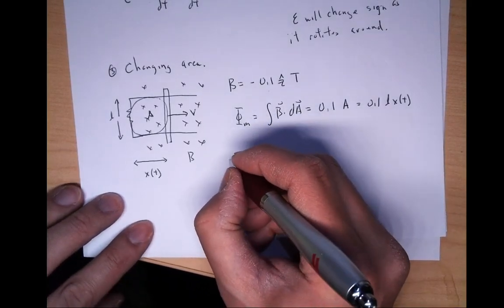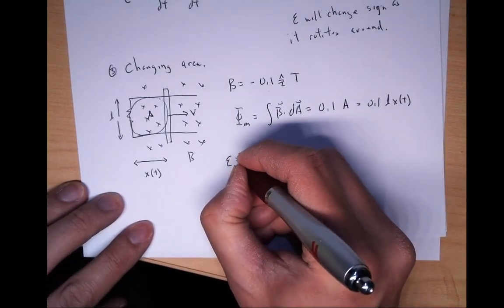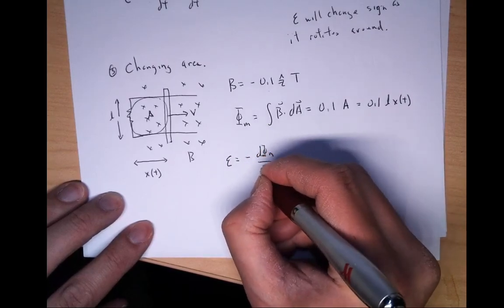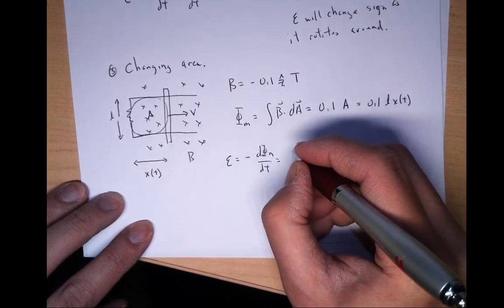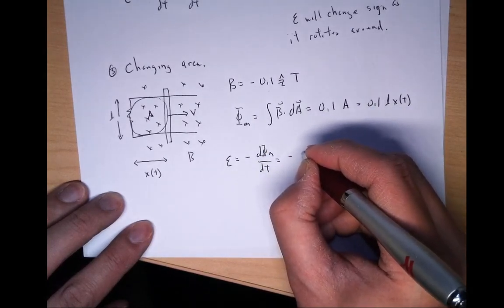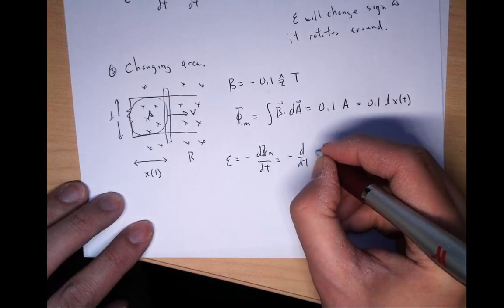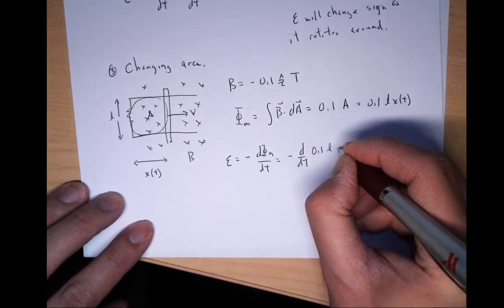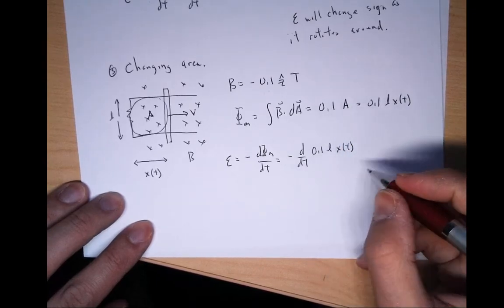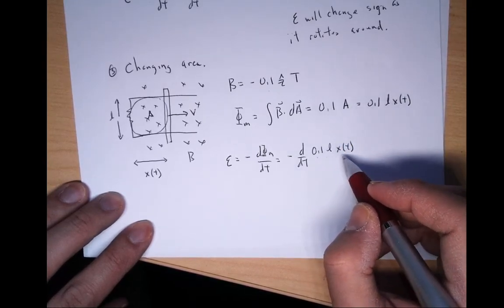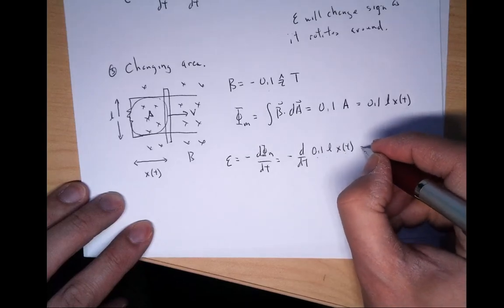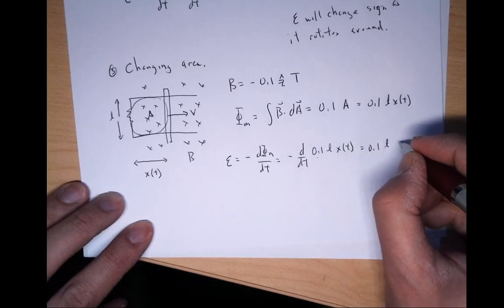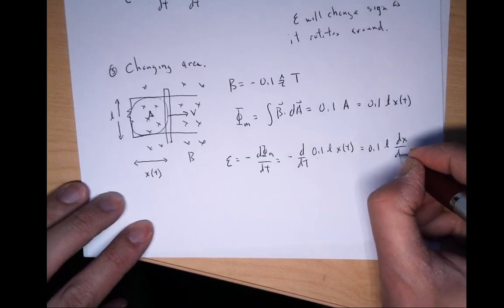If I go ahead and compute this now, EMF is equal to minus d phi m dt. That's going to be equal to minus d by dt of 0.1 times the length times x of t. So that's a constant, that's a constant, that is not a constant. The derivative will just act on that. So it's going to be 0.1 the length dx dt.